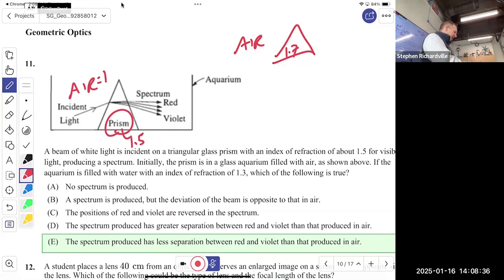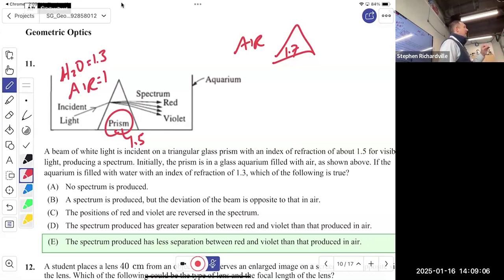But we're going to put this in here with water, and now this is going to be 1.3. The point is, when I go from an N value of 1 to 1.5 or 1.3 to 1.5, I'm still going from one N value to another. The light's still going to bend. But I get the most bending when I have the biggest difference in N values.